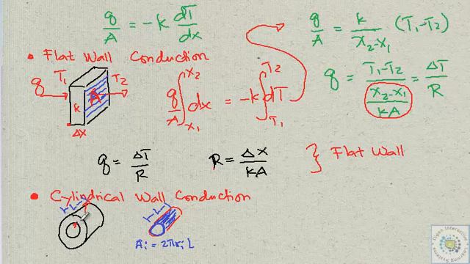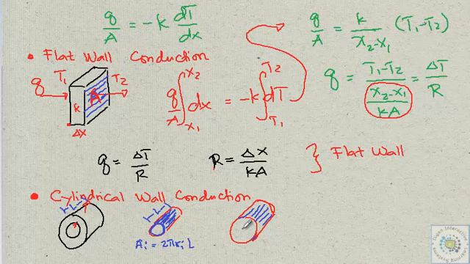Okay, and as it flows outward, the area of the shell or the cylinder gradually increases, and as you can see, as it exits to the outer surface, the area is now quite big. The heat will now need to pass through this large surface area, because the diameter of the shell is quite big.